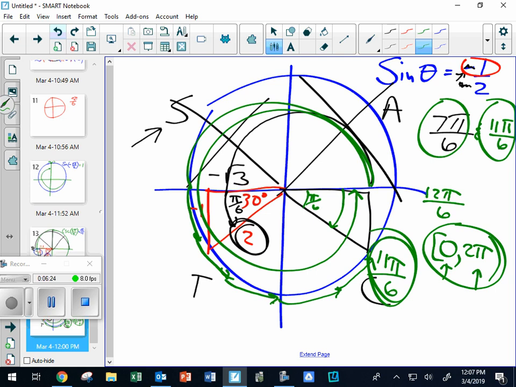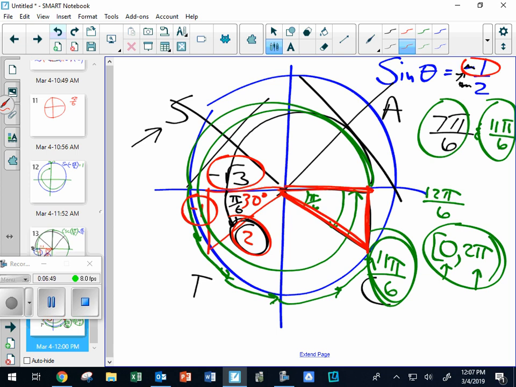Okay, let me think. So I think I'm at 11 pi over 6 right now. And the way I'm going to test it is, would you agree that this side here, and this side here, and this side here are the same as these three sides? It's just that they're kind of like mirrored over there.